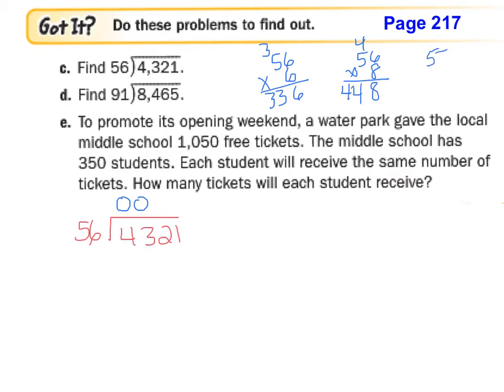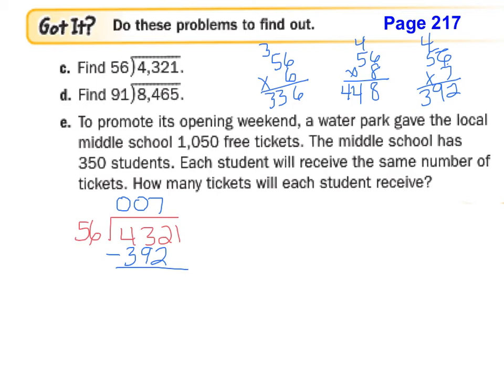So let's go to 56 times 7. And so 7 times 6 is 42, carry the 4. And 7 times 5 is 35, plus 4 is 39. So that is my best answer. So I'm going to take it in there 7 times. So 392. That was my multiplication.